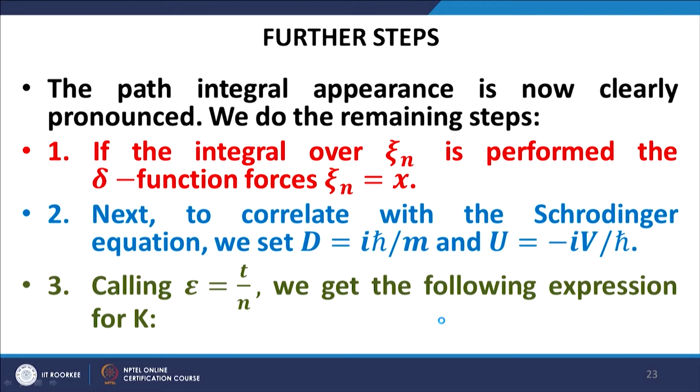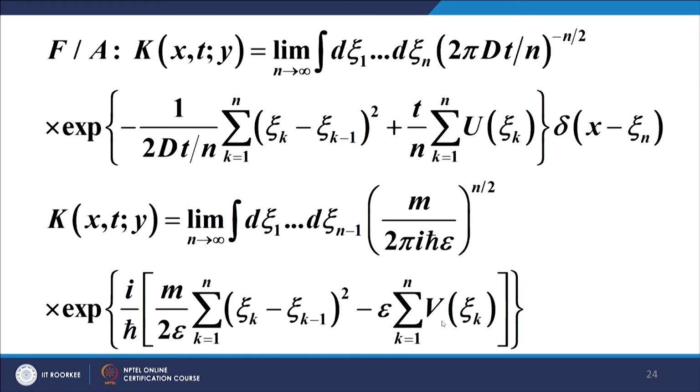Then we substitute D equal to i h upon m, which I mentioned when we compared the diffusion equation and the Schrodinger equation, and we substitute u equal to minus i V n upon h, which also was apparent when we compared the Schrodinger and the diffusion equations. We abbreviate t by n as epsilon, which is the length of the time step, and after doing all that we have this expression, which is, let us say, equation number 3.